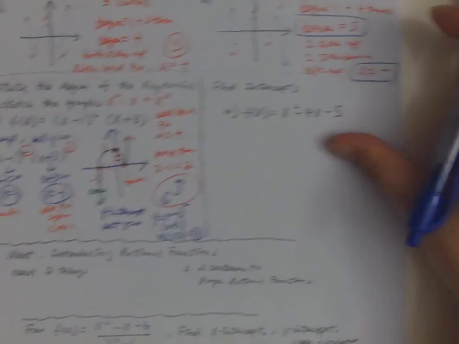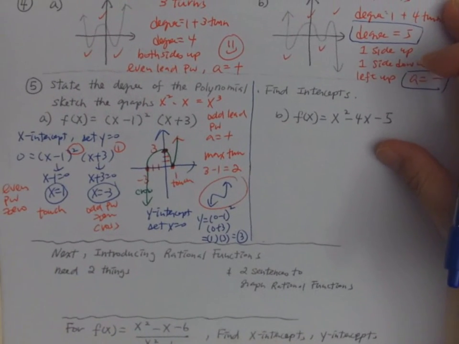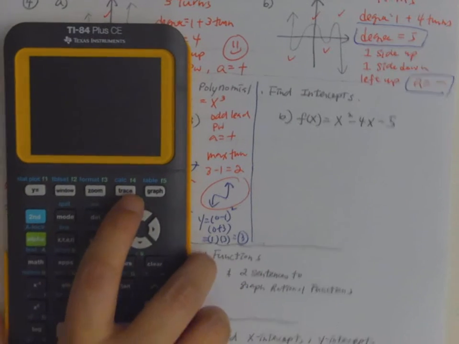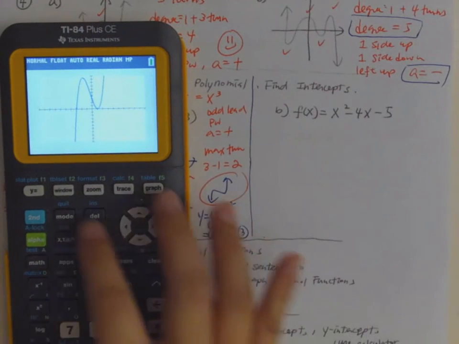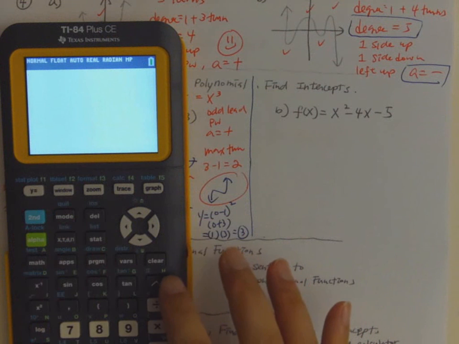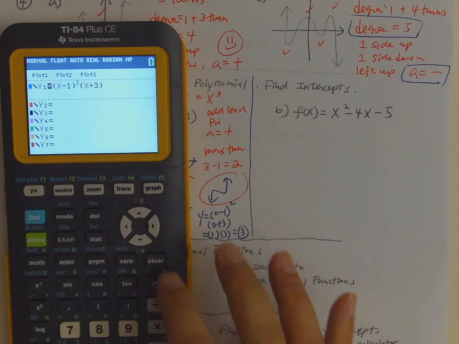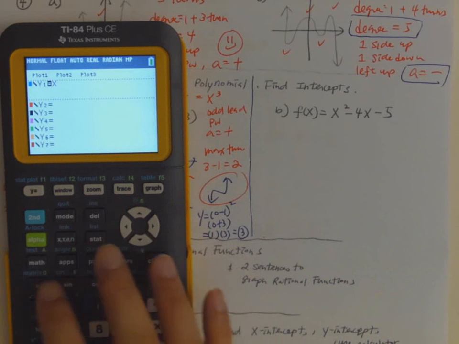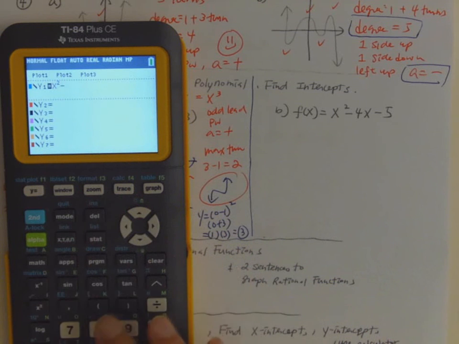Over here, let's see if you can do it by the calculator, because for your class it's allowed. So I'm going to do y equal to, and I'm going to clear what I have here. I need to put in x raised to the second power minus 4x minus 5.